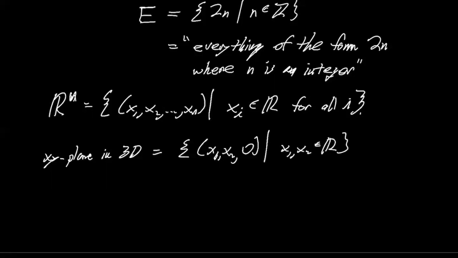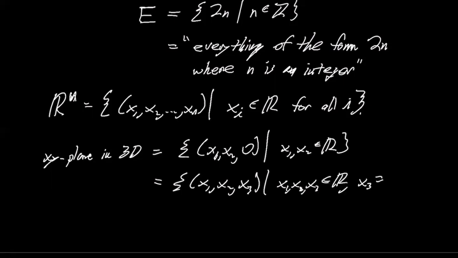You could also say it's x1, x2, x3, where x3 equals 0. You could write that if you wanted to, where x1, x2, x3 are all real numbers and x3 is 0. But it's easier just to write the first one, so I tend to do that.